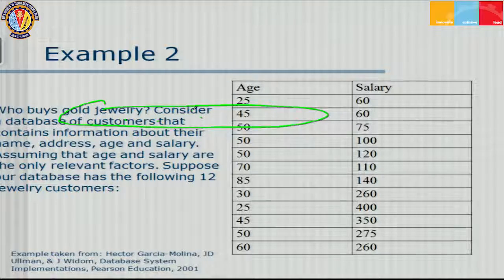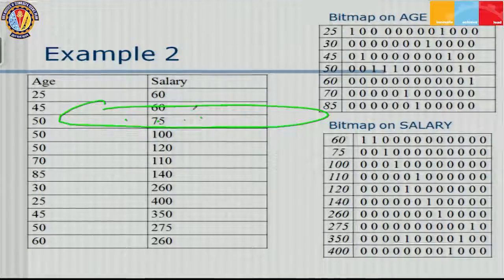This example has been taken from the database systems book by Garcia Molina. It is about who buys gold jewelry, and the database that is available is that of age and salary, assuming that age and salary are the only relevant factors, and there are 12 customers which I have listed in this table. I look at age and find all the distinct values for age, and similarly I look at salary and find all the distinct values.